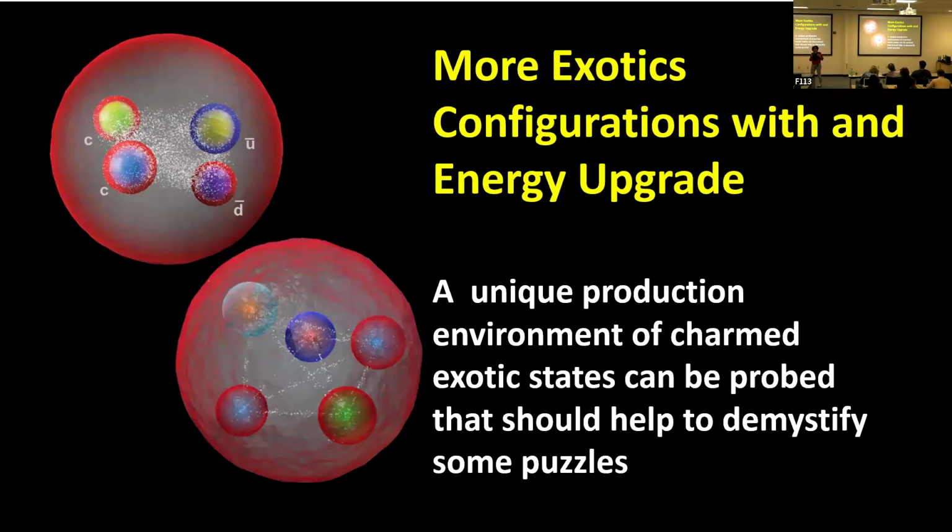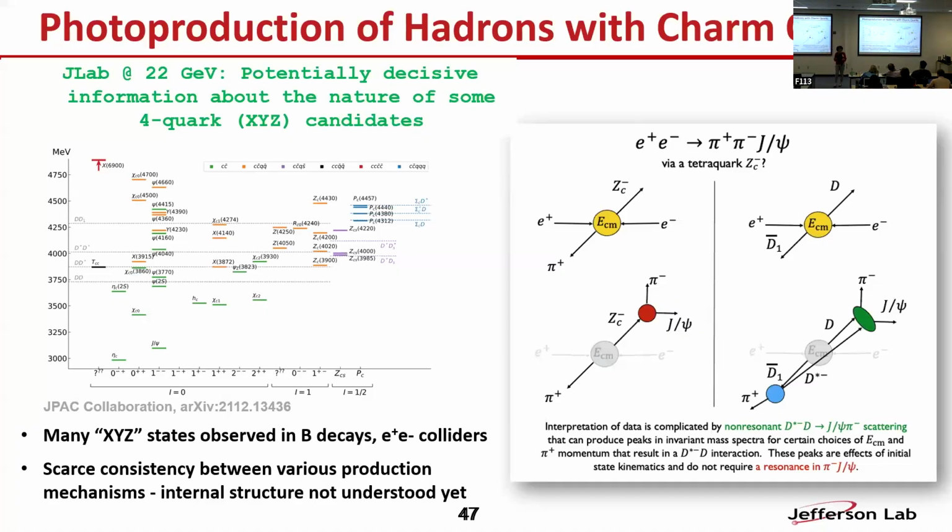But with 22 GeV we can have a more exotic configuration if we have an energy upgrade. In particular, with an energy upgrade, we can reach the so-called XYZ states. So far there are, I think, almost 70 of these XYZ states, but the nature of these states is still unclear.